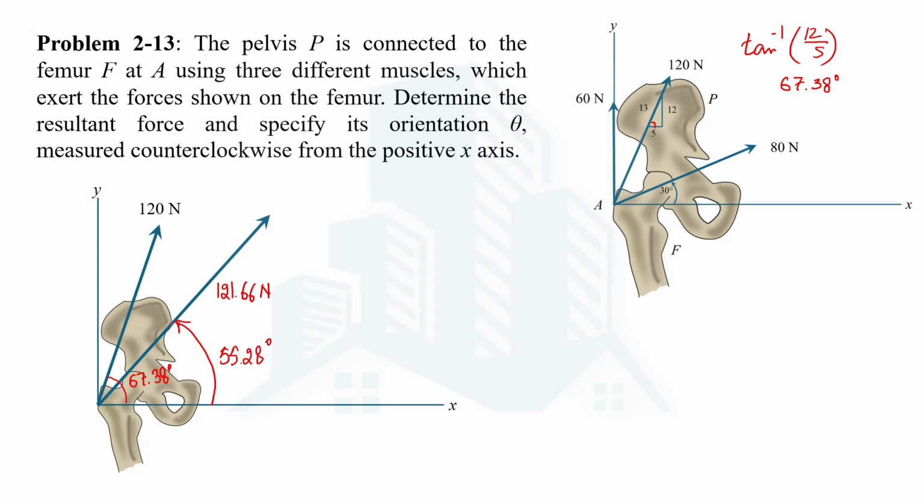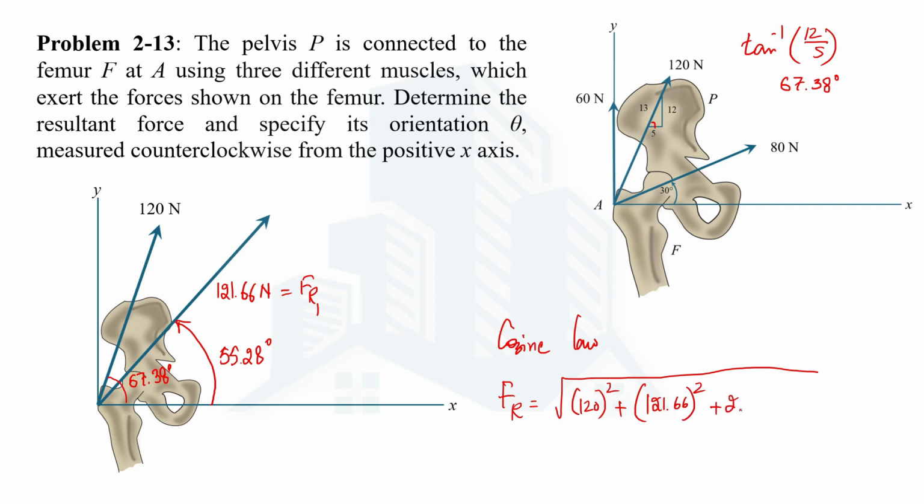Now since we have the direction of both these forces, the 120 Newton force and the FR1 force, we can determine the magnitude of the resultant force using the cosine law. So using the cosine law, the resultant force would be equal to the square root of 120 squared plus 121.66 squared plus 2 times 120 times 121.66 times cos of the angle between these two forces.